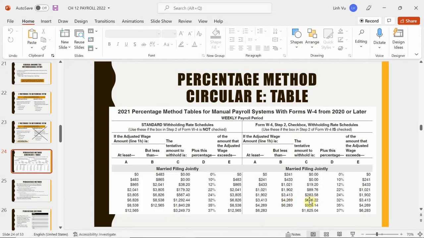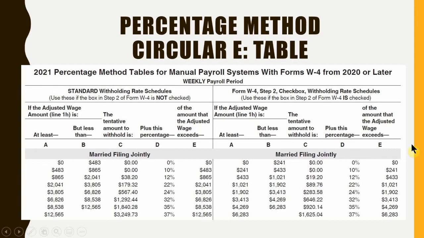So here, I have this table for a weekly payroll period for someone who's married filing jointly, and so on and so forth, right? This is just an example. And this is how the tax bracket works, right?